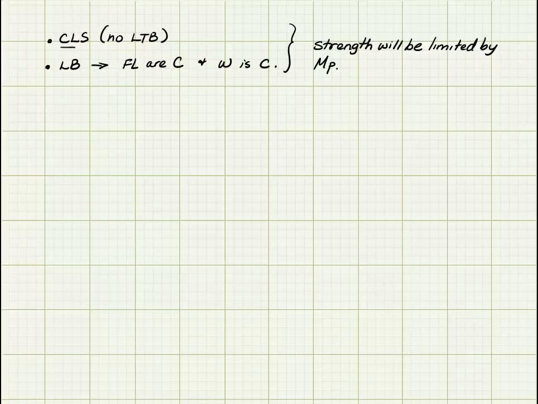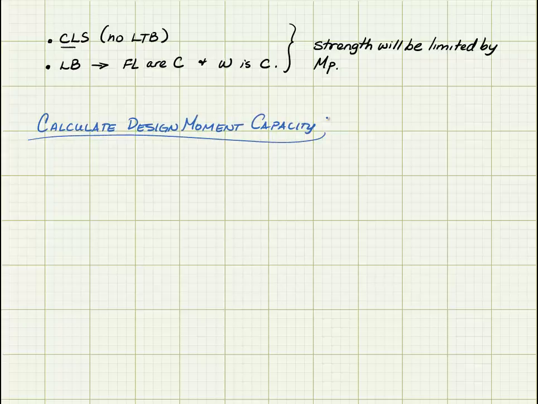So our next step, calculate the design moment capacity. So I have a compact flange and a compact web. Means I have no susceptibility to local buckling.